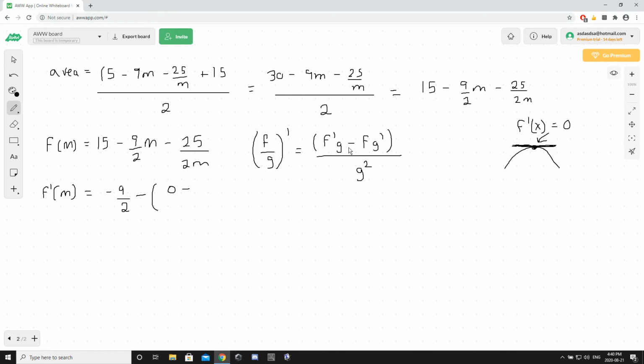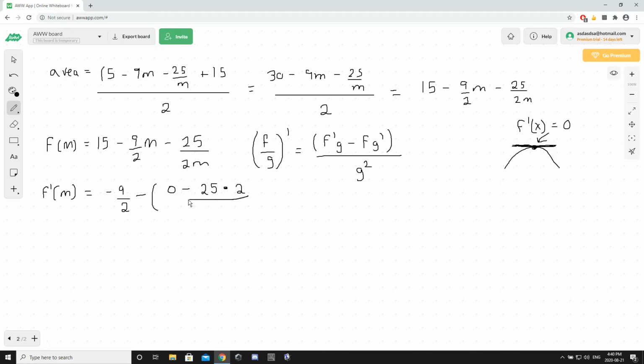Minus, okay, so this negative right here, and then f, which is 25, times the derivative of 2m. Well, again, m to the power of 1, you drop that 1 down, so it's now 2 times 1, which is just 2. You now have m to the power of 0, which is just 1. So the derivative of 2m is 2.